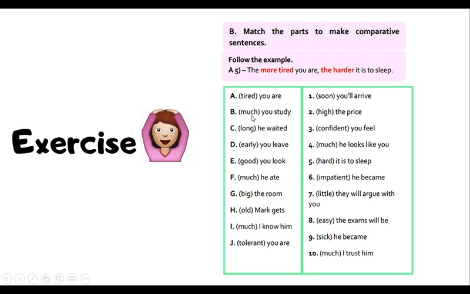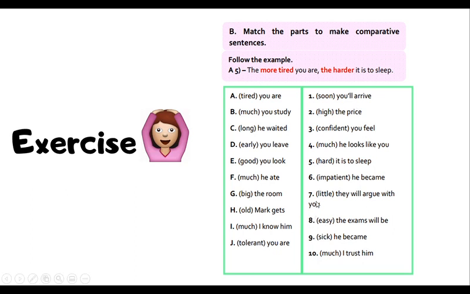Yes. Okay, I will give you another example. For number B, much you study. Then find the answer and match it in here. 1, 2, 3, 4, 5. Okay, stop. The answer is what? The answer is number 8.